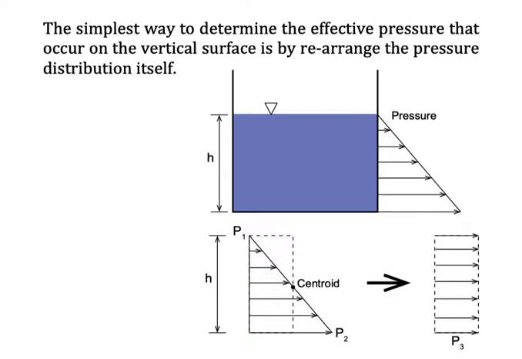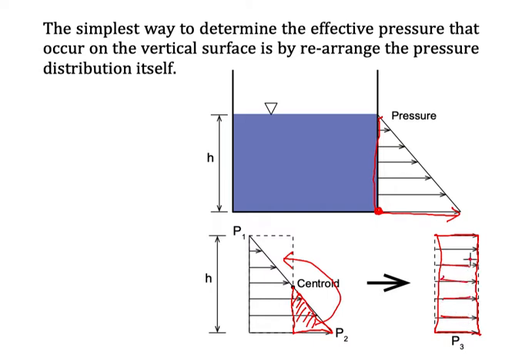The simplest way to determine the effective pressure that occurs on the vertical surface is by rearranging the pressure distribution itself. Here in this diagram, we find that the pressure distribution is in a triangular shape, where the lowest point here will give us the highest pressure. If we cut this area and then transfer it into this area, we get a constant, rectangular shape of pressure distribution.